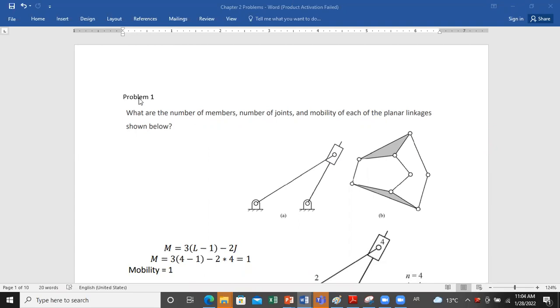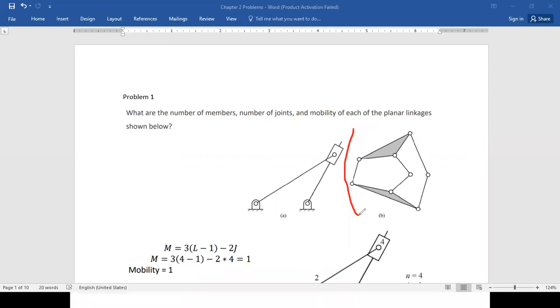For the first problem, you have to determine the number of members, joints, and mobility for each of the planar linkages shown below. Let us do this example here. We want to determine the number of links and number of joints. If I start with the figure here, this is a ternary link. This is link 1.